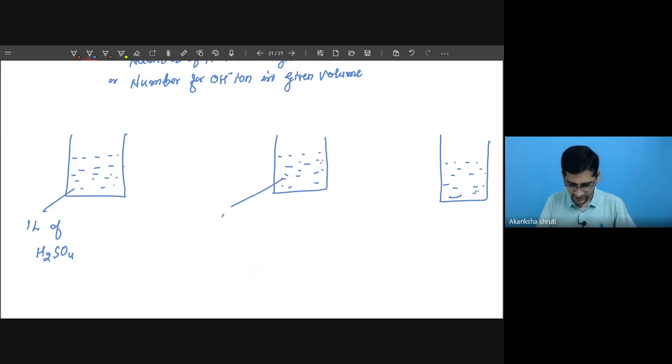So you may take 1 liter of even HCl. Here you are taking the same 1 liter, 1 L means 1 liter, of the weak acid CH3COOH, acetic acid or vinegar we are taking.